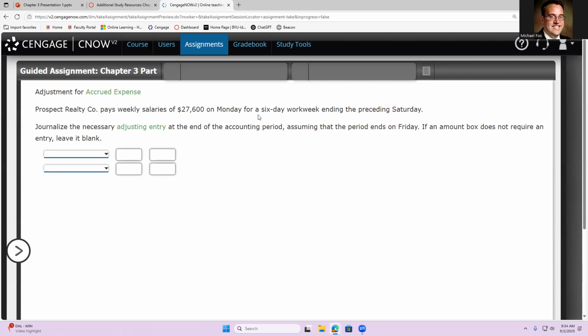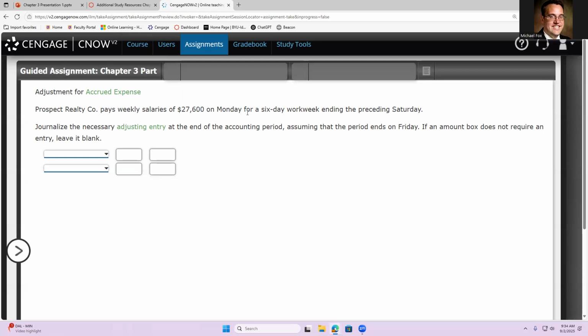So, here's this. This is why these start to get tricky. It tells us it's 27,600 for their 6-day work week, Monday through Saturday, right? So Monday through Saturday, they pay $27,600. That's 6 days.